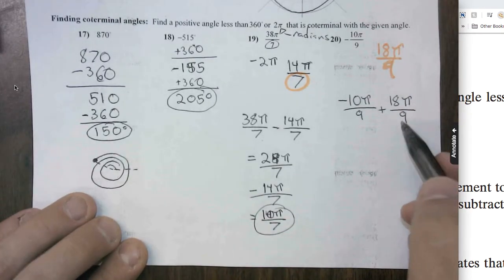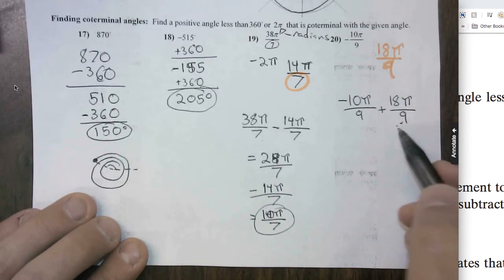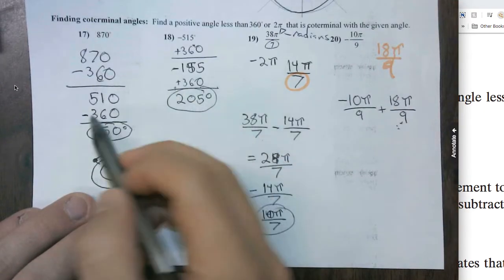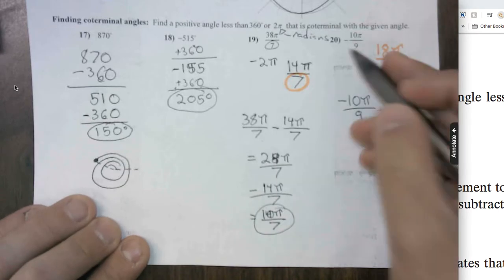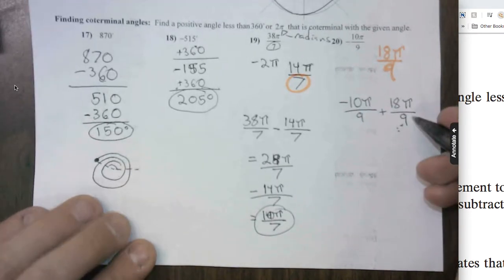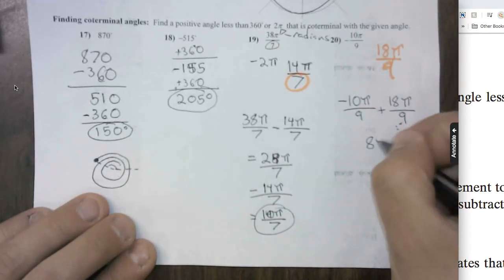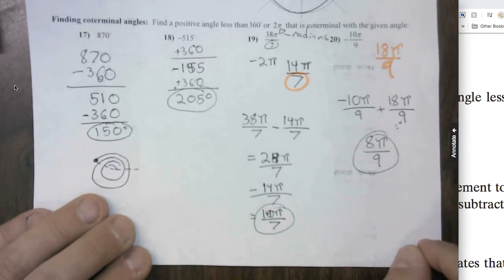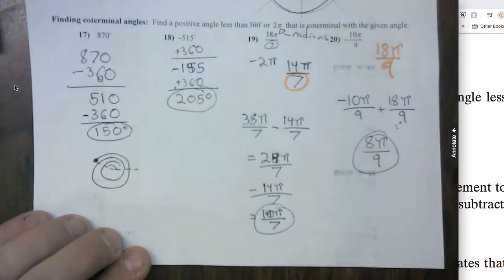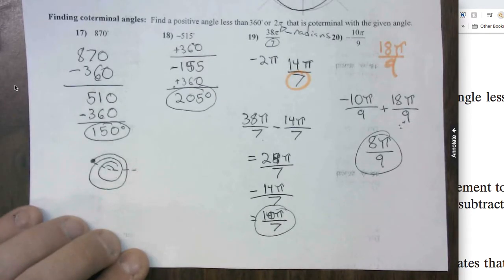Again, the reason we do this is because we want to keep adding 360 degrees, similar to what we did here, or subtracting 360 degrees. Since it's negative, we're going to be adding. So if we do this, this is going to get us to positive 8 pi over 9, which is less than 2 pi. So that's a good thing.